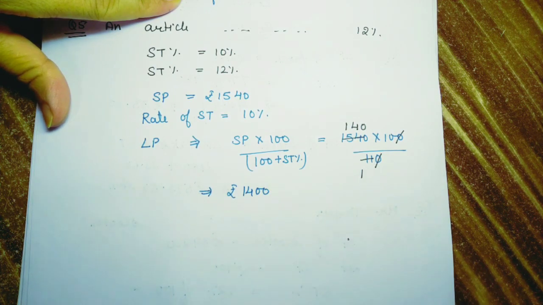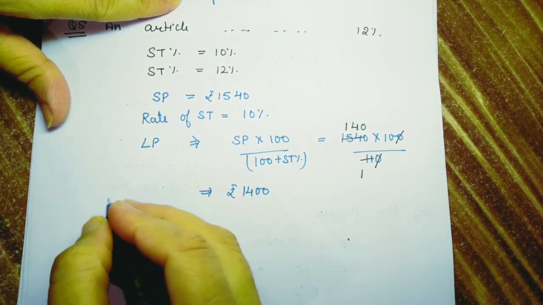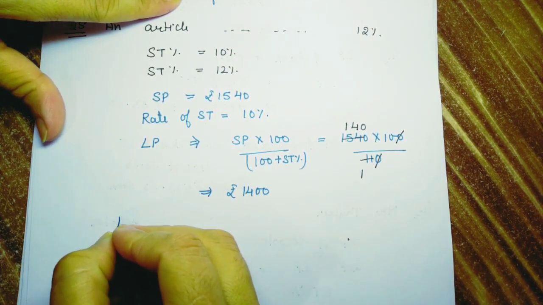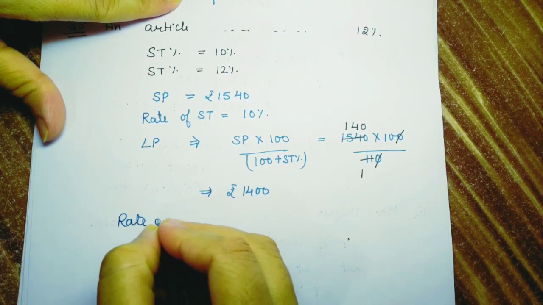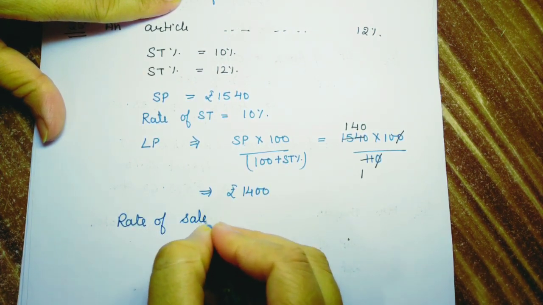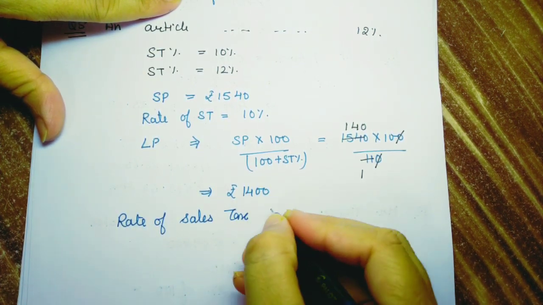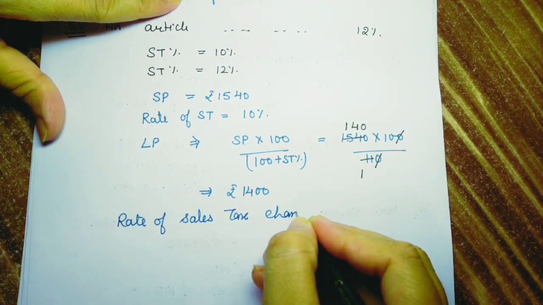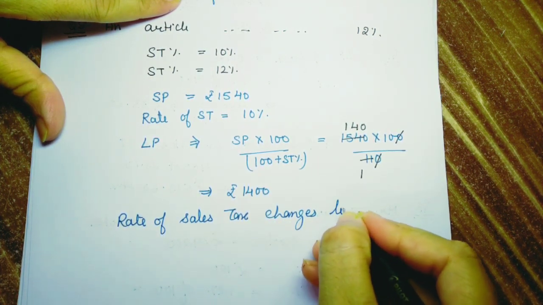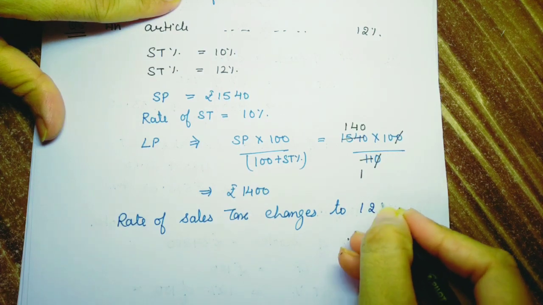But students, they have applied another sale tax, that is 12%. So the rate of sale tax changes. So here they have given the rate of sales tax changes to 12%.